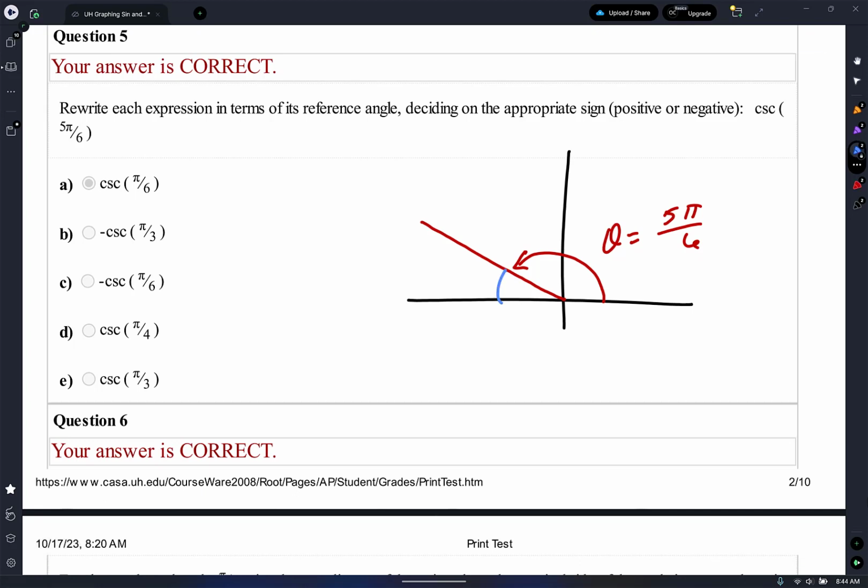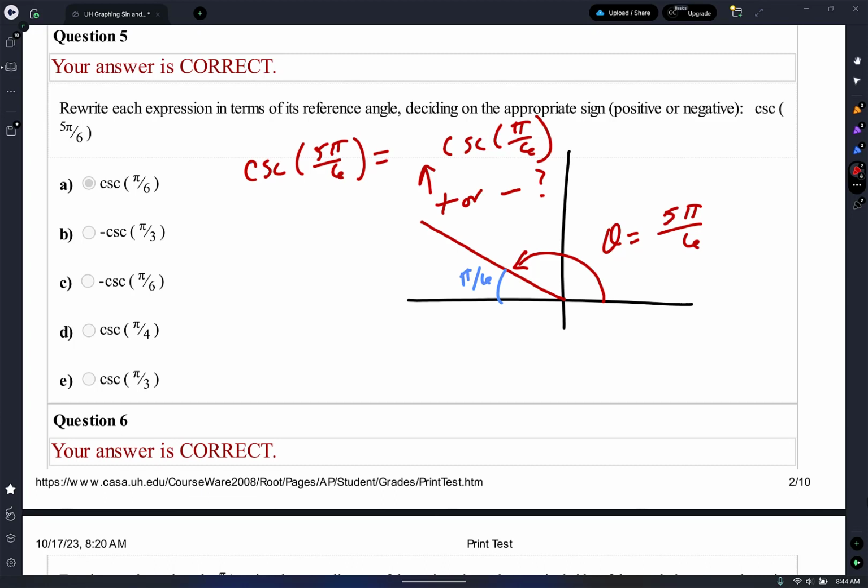I am 1/6 pi away from a perfect pi, so this reference angle is pi over 6. So cosecant of 5 pi over 6 is the same thing as writing cosecant of pi over 6. Now, before I put a positive or negative in here, plus or minus?